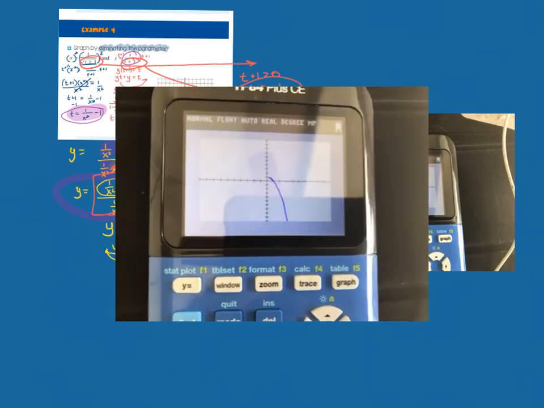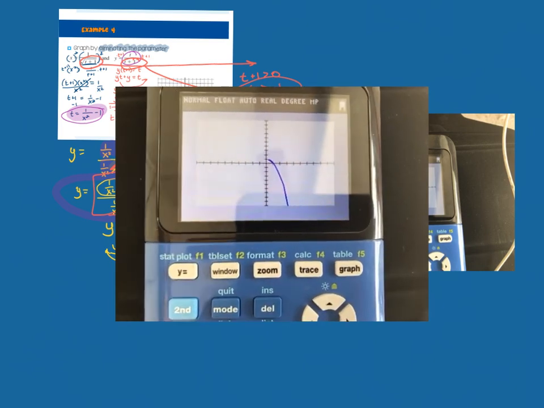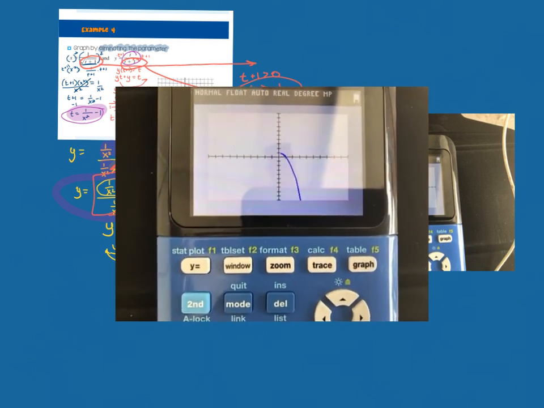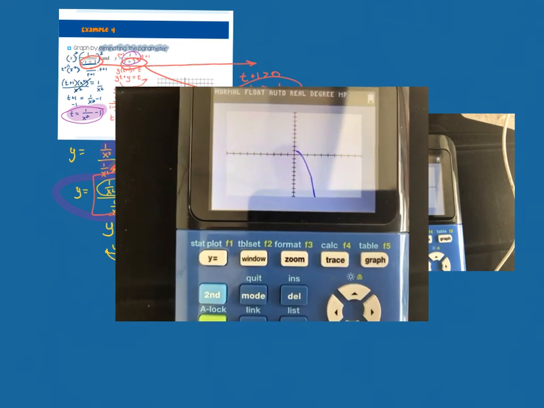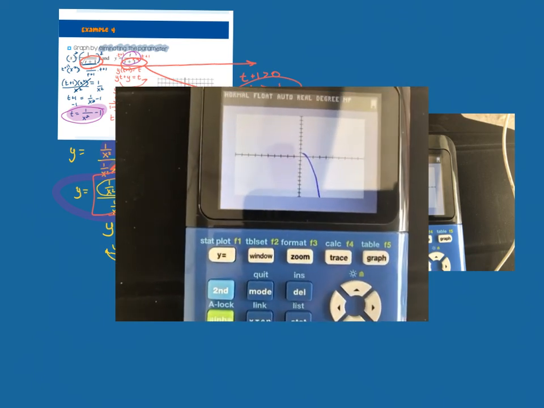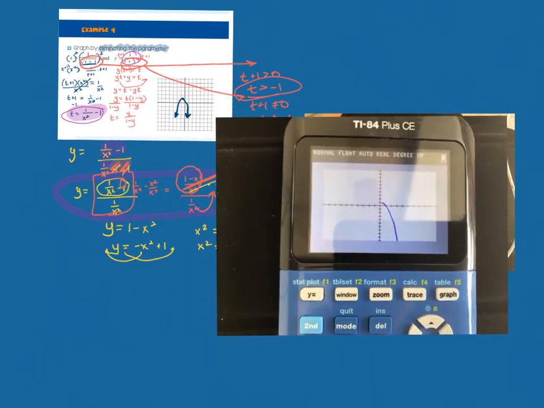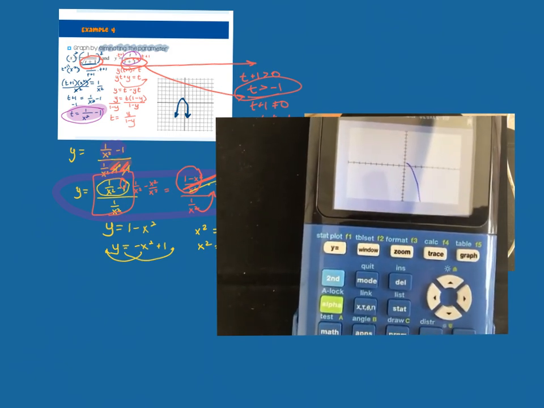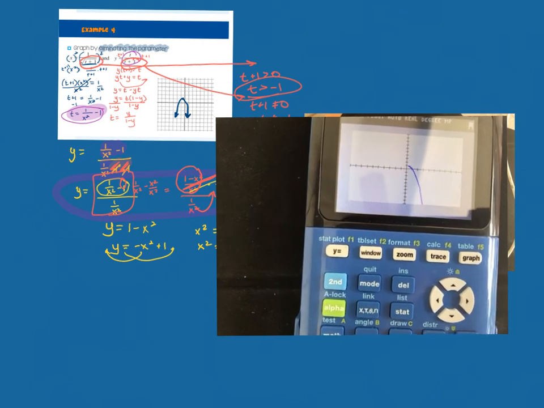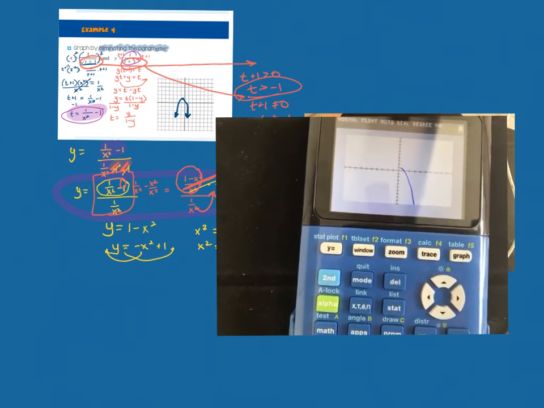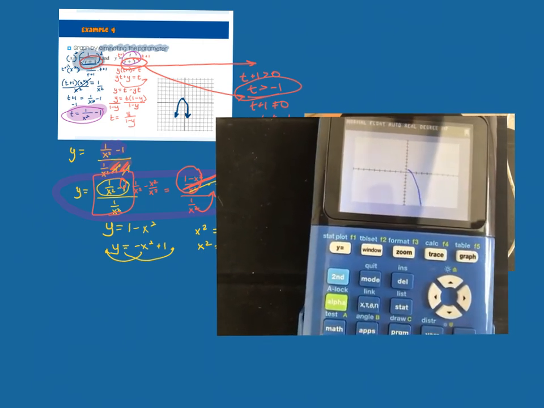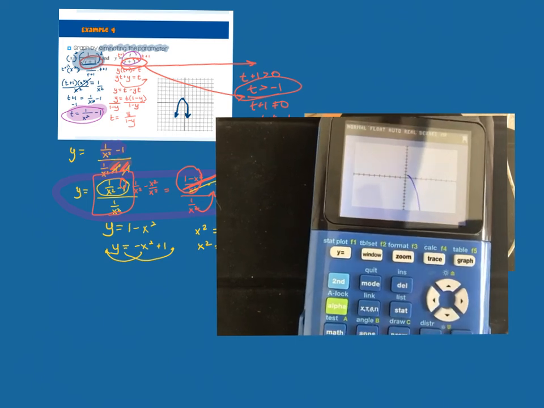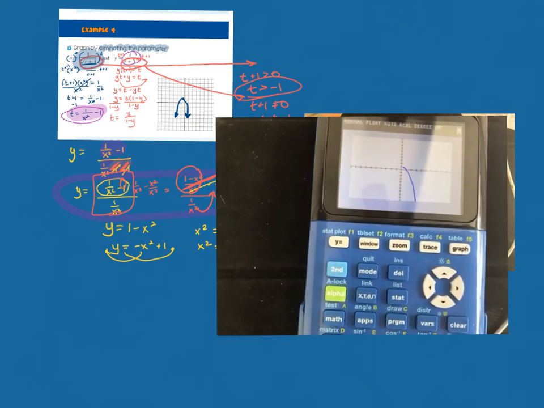Okay, so on this one I graphed it, right? Now my window is still negative 10 to positive 10, but look at my graph. What happened to the left side of my graph? Anybody know why this is happening? There's a domain restriction, right? Because of the square root function here, this square root function tells me that t plus 1 would have to be greater than 0, right?